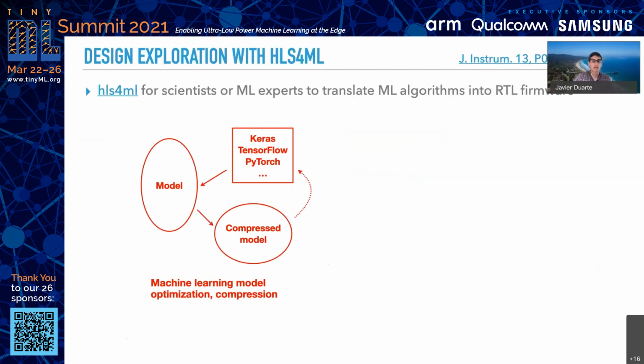So with these aspects in mind, we developed this tool, hls4ml, for scientists or machine learning experts to translate their algorithms into RTL firmware. So the design process looks something like this. You have your usual machine learning software workflow where you may design a model in Keras, TensorFlow, or PyTorch, or some other machine learning library. Often you'll compress this model and iterate on that.